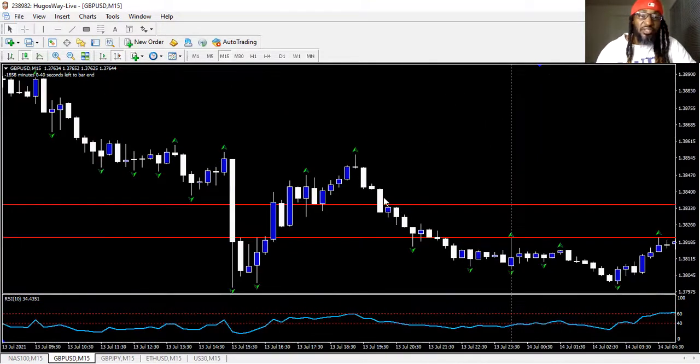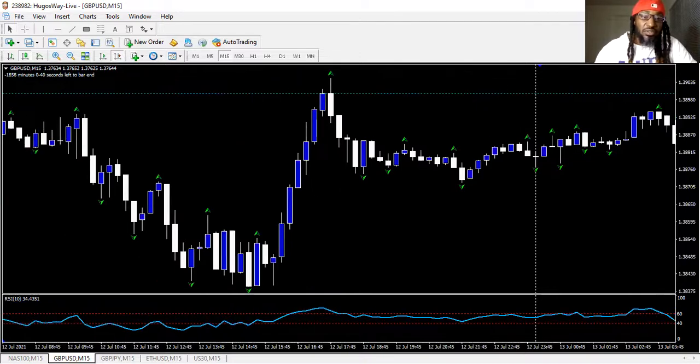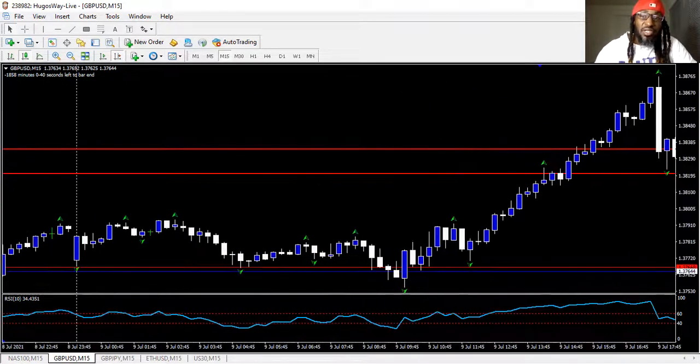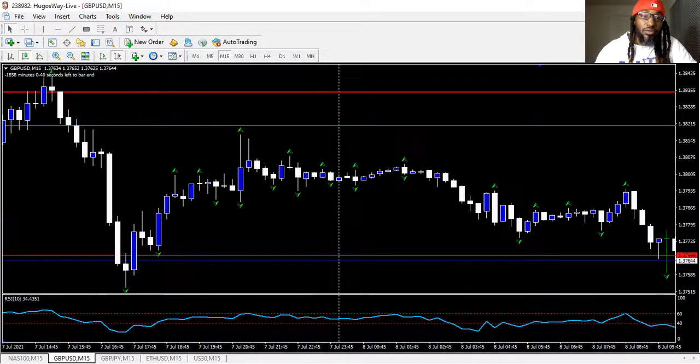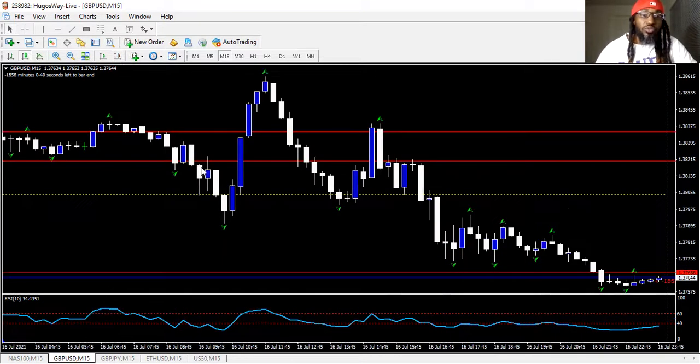Continue to go back and you will see candles were running through that zone. I'm not going to go any further. You have plenty of examples right here to see that price was running through this zone.